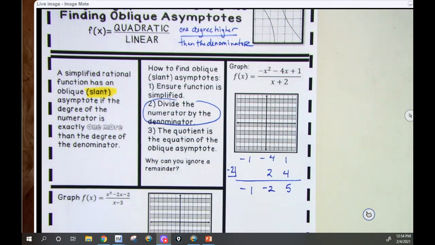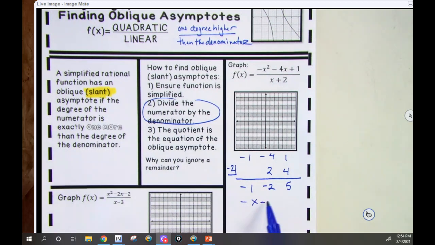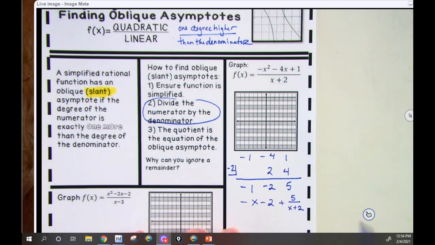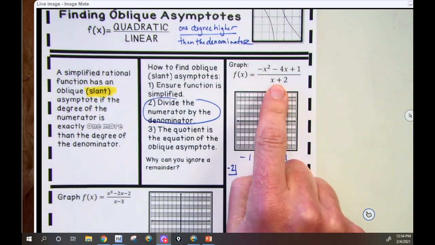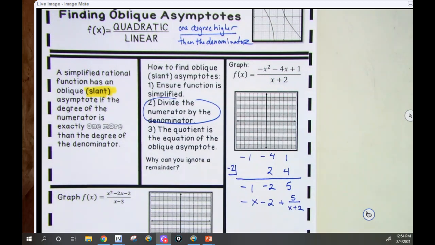And so what is my depressed polynomial? -x minus 2 plus 5 over, what were we dividing by? x plus 2 is what we were dividing by, right? -2 is what was in our synthetic division box.